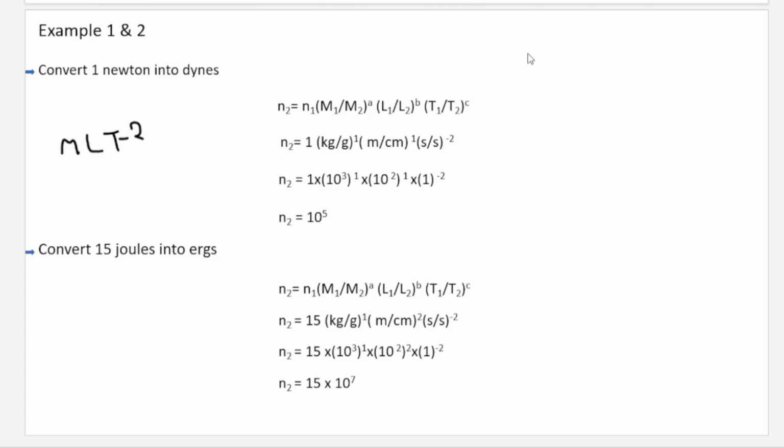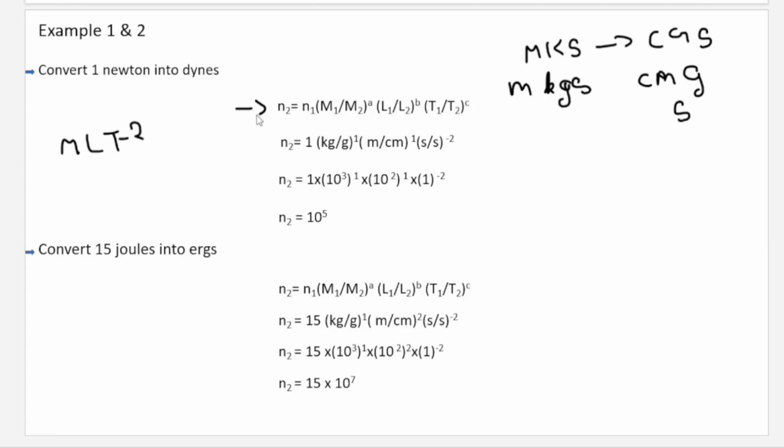And we will be converting it from the MKS system to the CGS system, which is meter, kilogram, seconds, and this will be centimeter, grams, and second.